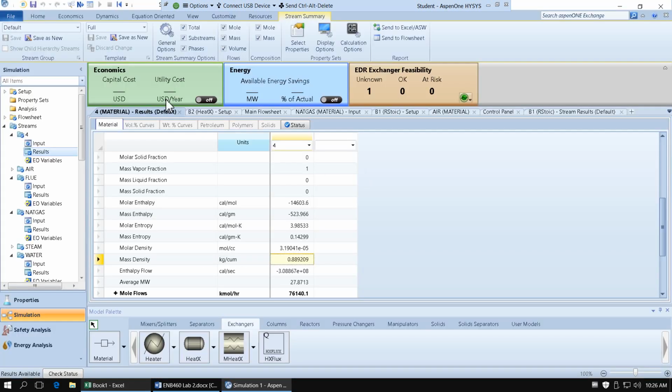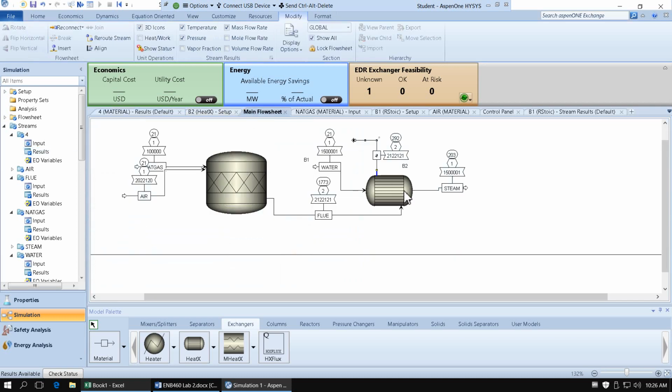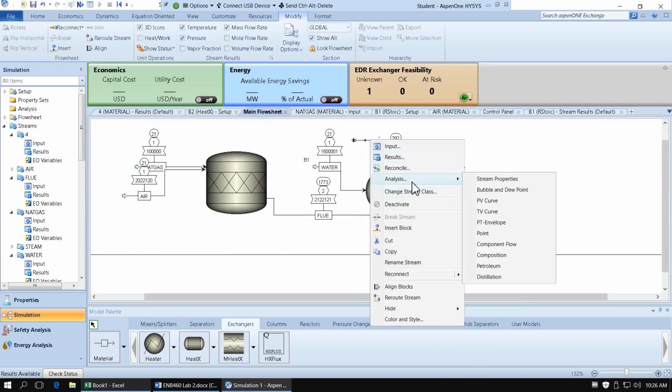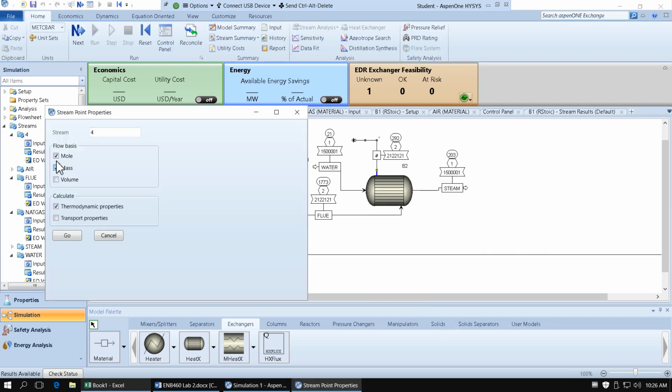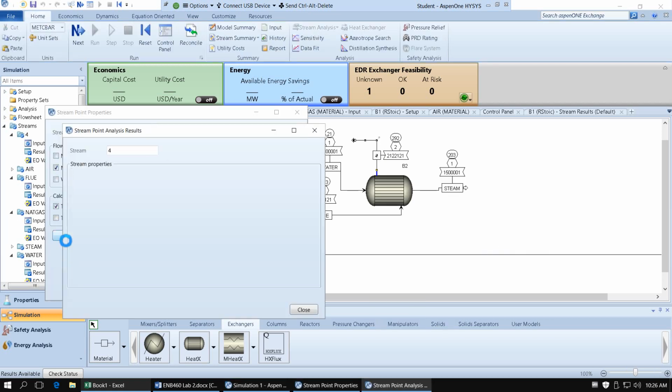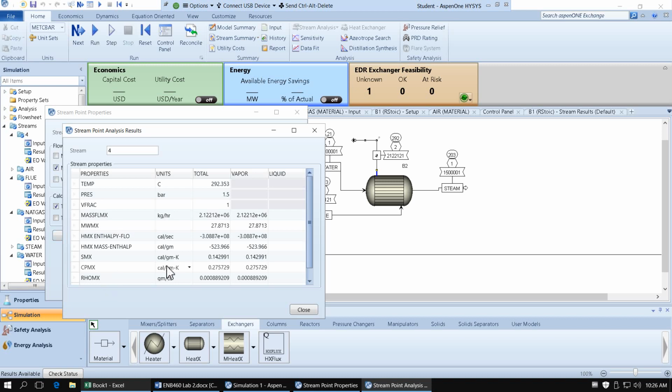And then specific heat again using point analysis. Yep, CPMX and the units we want.